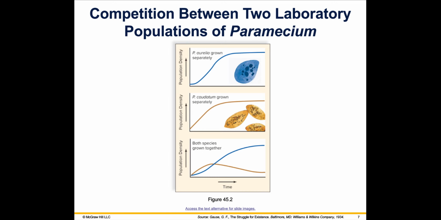Now, if these paramecium aren't giving you a good, concrete example, I like to think of it as my community and my ecosystem. That's like a classroom. And imagine that I'm in there trying to teach you biology, and then there is another teacher in there at the exact same time trying to teach you calculus, right?